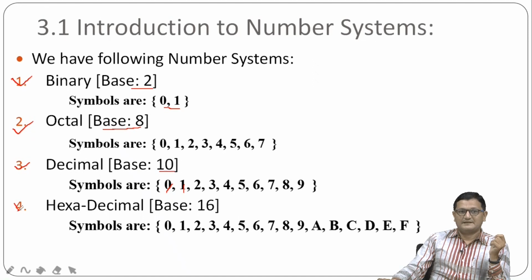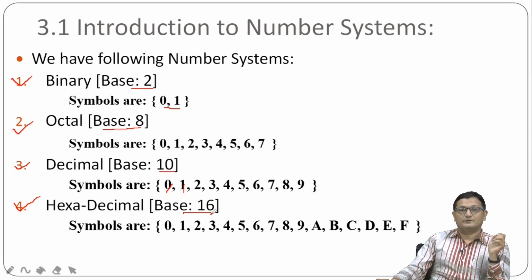One more number system is known as the hexadecimal number system. In the hexadecimal number system, we can use 16 symbols to represent a single digit of a number, right? So total 16 symbols, and that is why we can say the base of hexadecimal is 16, right? Now you people might think, okay sir, 0 to 9, then what? There are 10 symbols.